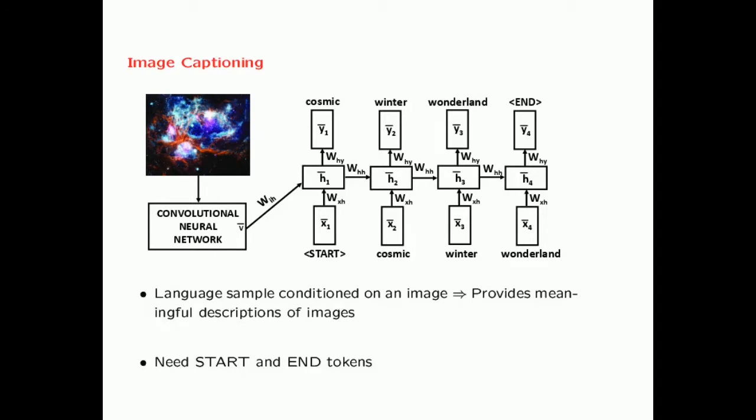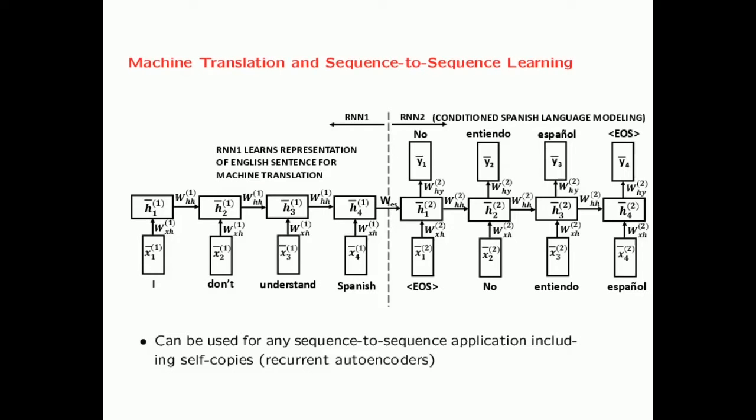This type of image captioning approach has actually been used very successfully to provide meaningful descriptions of images. The next example is that of sequence to sequence learning.